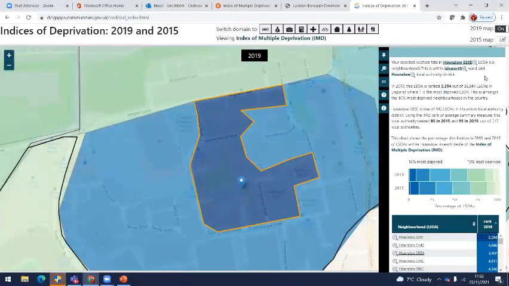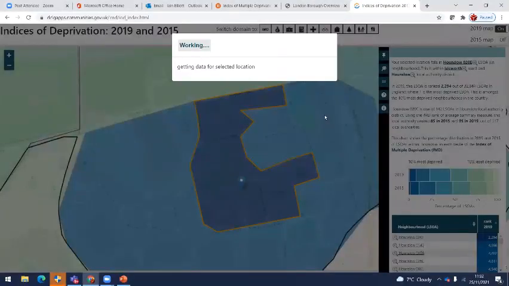So it is amongst the 10% most deprived neighbourhoods in the country. So if you wanted to make the case that the area you're working in or the project you're running is in an area of high deprivation, it's very good to say it ranks in the top 10% most deprived. I think the lighter blue is the top 20% most deprived.